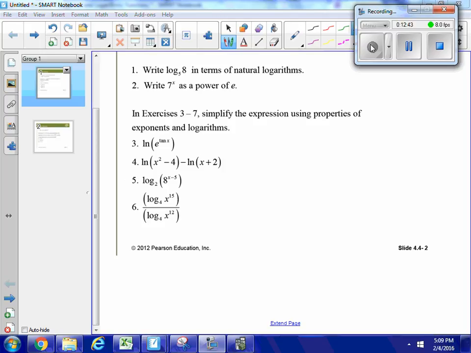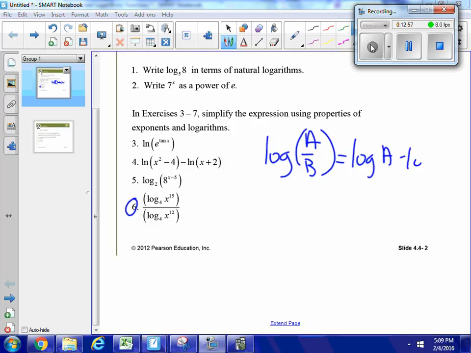Let's take a look at number 6. Well, now number 6, don't get confused. This is not log A divided by B is equal to log A minus log B, because it is not in this form.